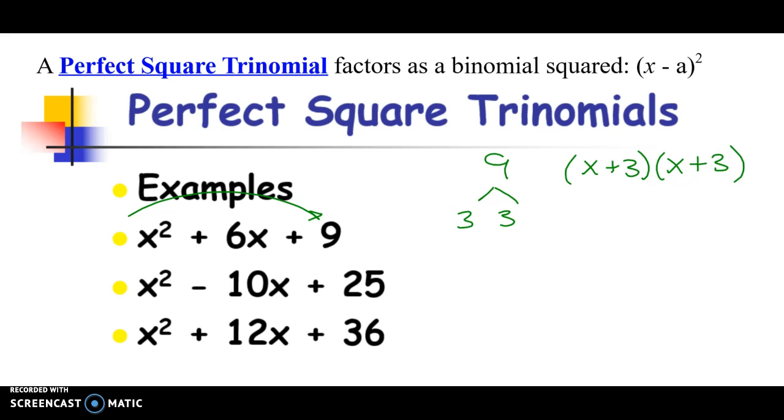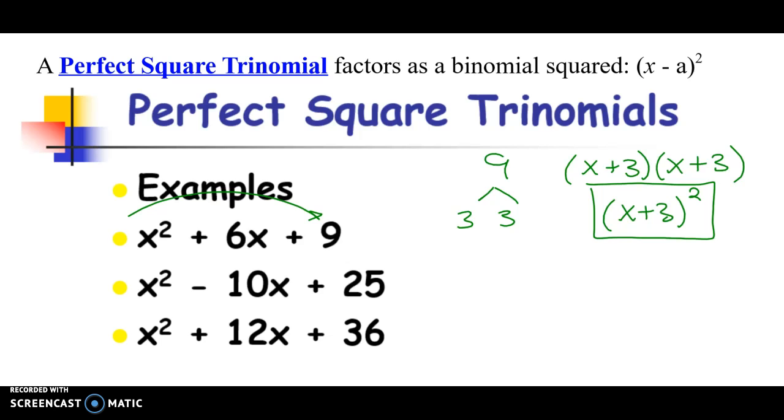But what's a shorter way of writing something times itself? That's something squared. So I can simplify this down to x plus 3 squared. This is called a perfect square trinomial. The trinomial has factored into a binomial, two terms, squared.